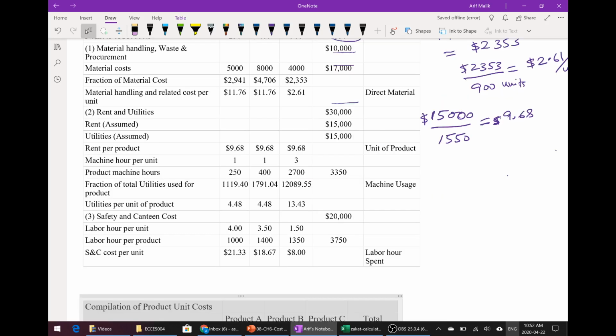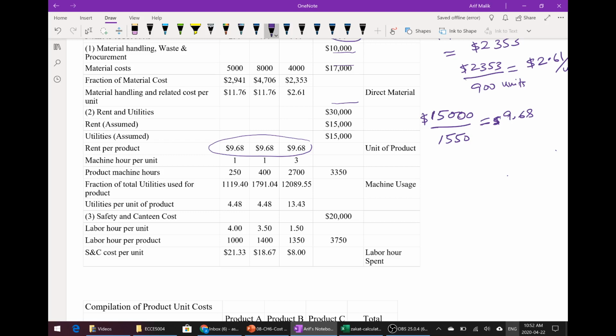Now let's look at utilities. The rent per product is simply 15,000 divided by the total number of products, 9.68.